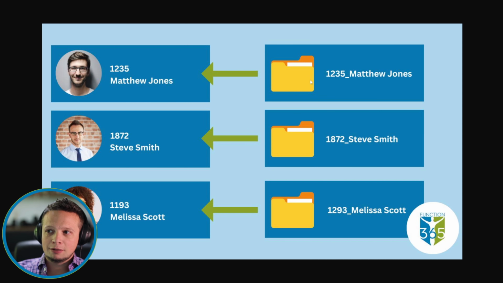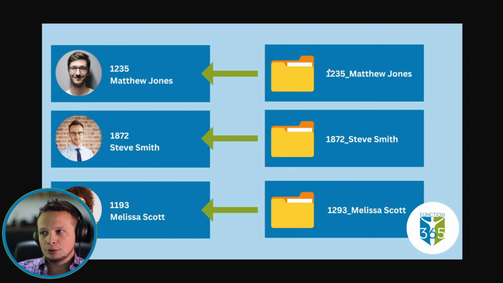What you can get from the admin menu in F365 is the template, right? So the template of these folders, okay, and they're inside a zip container if you're familiar with zip containers. And all you're doing is simply drag dropping all of the relevant files for Matthew Jones into his folder, right? And he has ID number in this example 1235, okay?